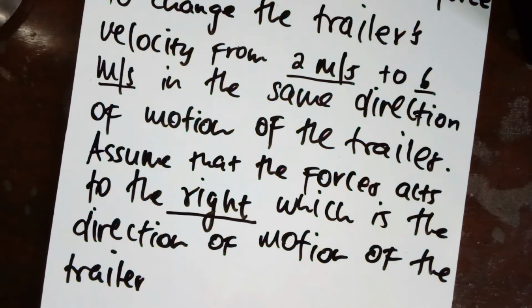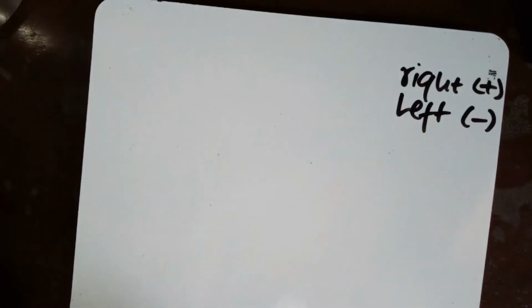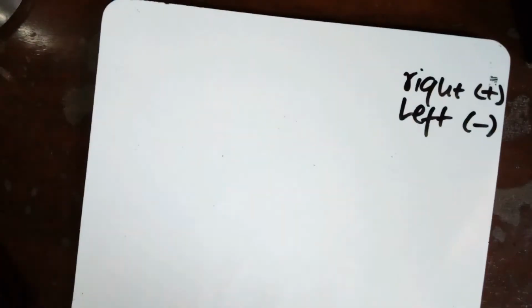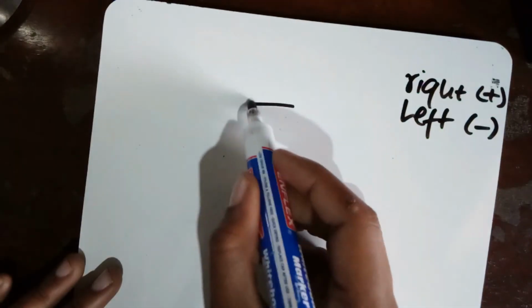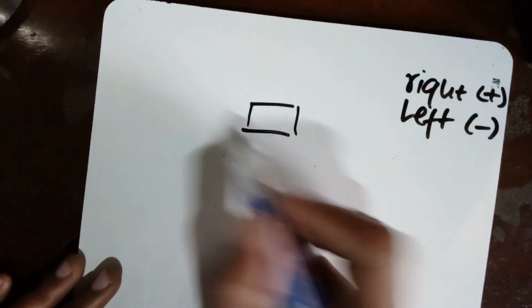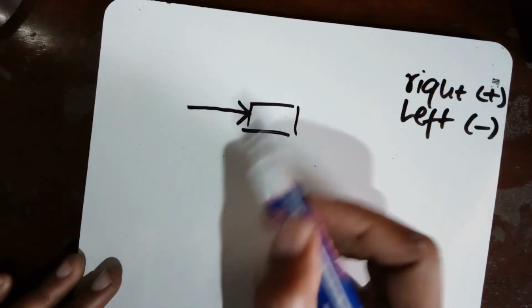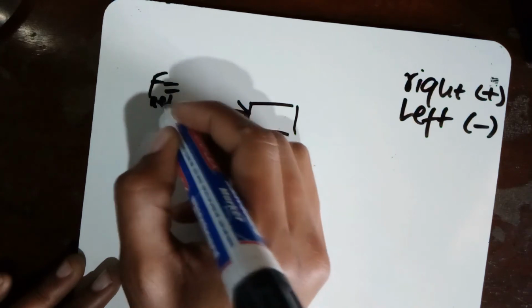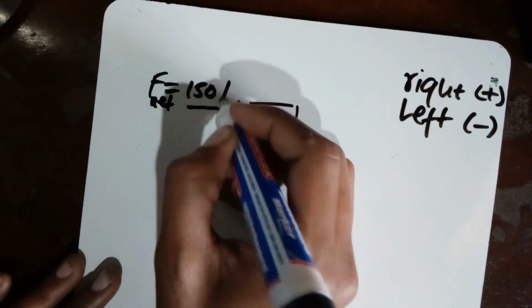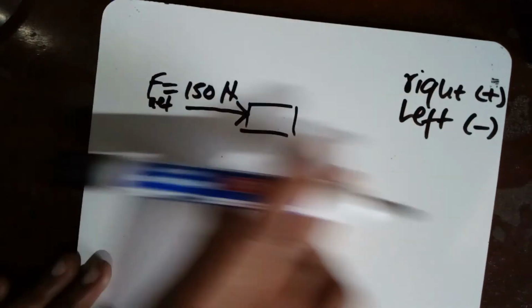The first thing will always be direction. So let us say to the right is positive, and to the left is negative. It's important to indicate that. Another thing I would like to do is draw. So let's say this is the trailer, and this is the force, F net equals 150 newtons, and it's pushing this trailer.